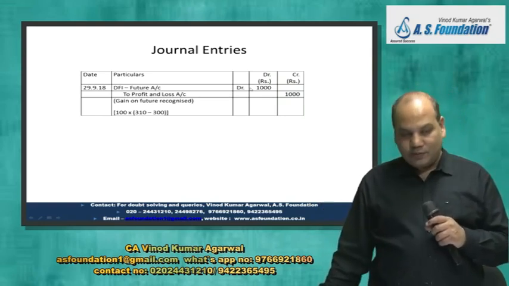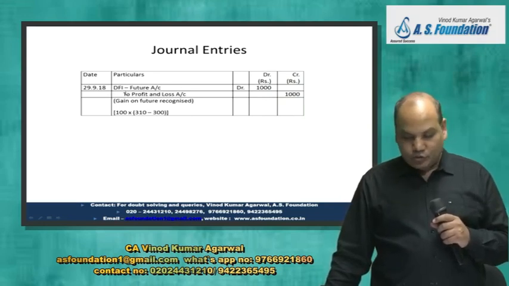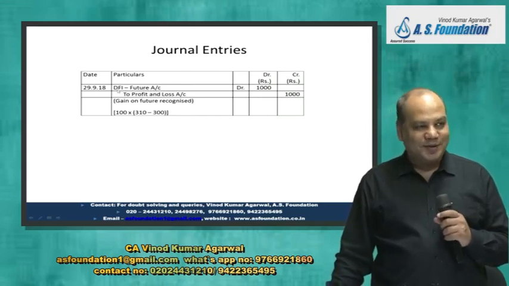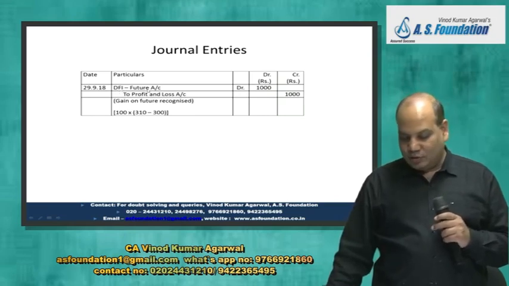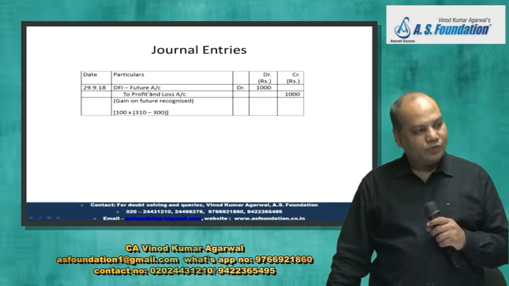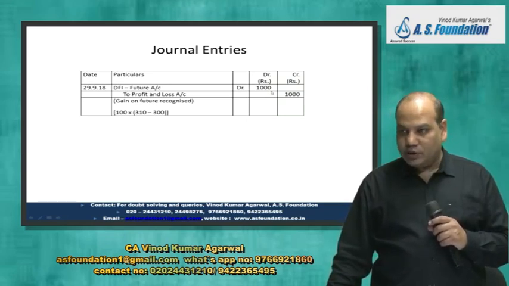So now I will revalue the future contract on the settlement date. So entry will be future account debit. DFI means derivative financial instrument. If you want to write, otherwise just write future. Derivative future account debit 1000.